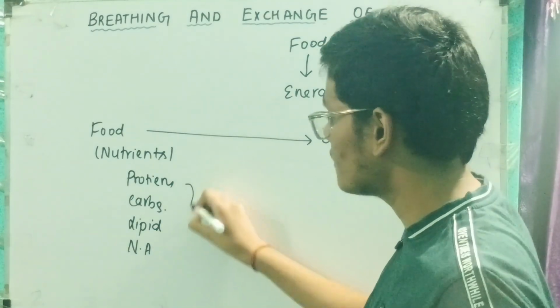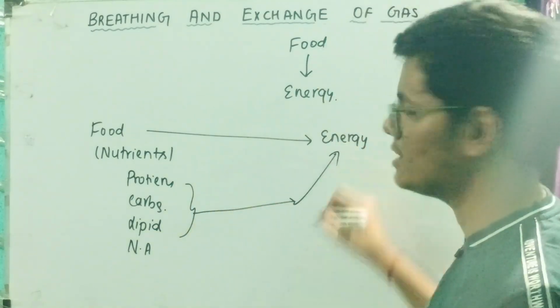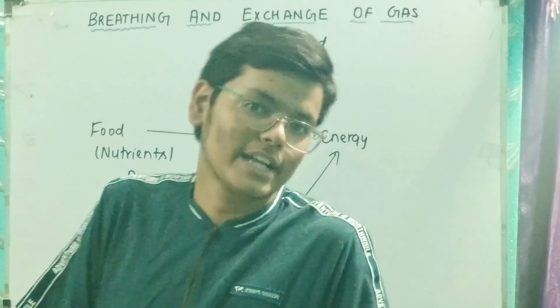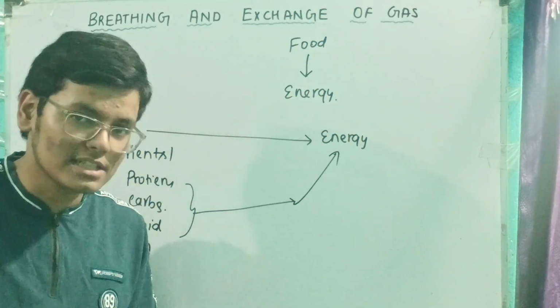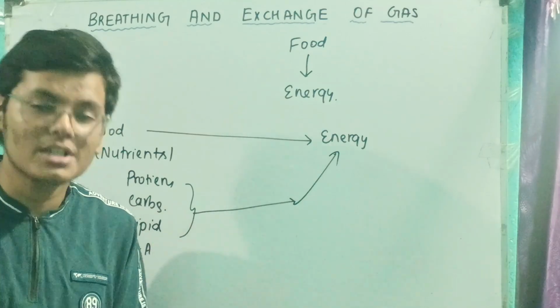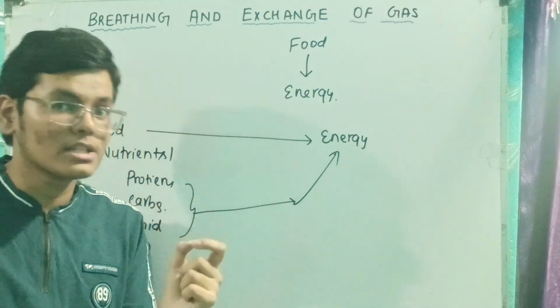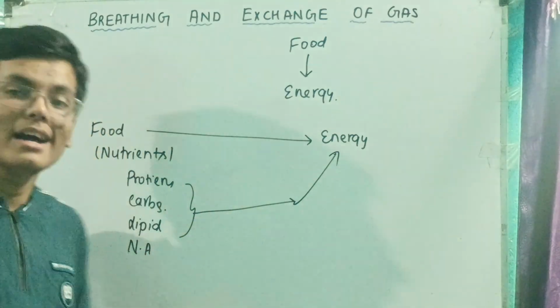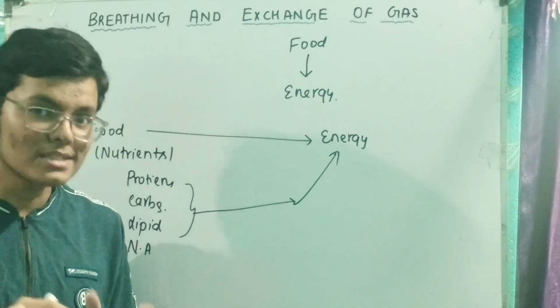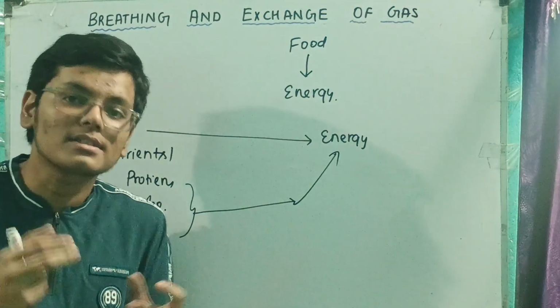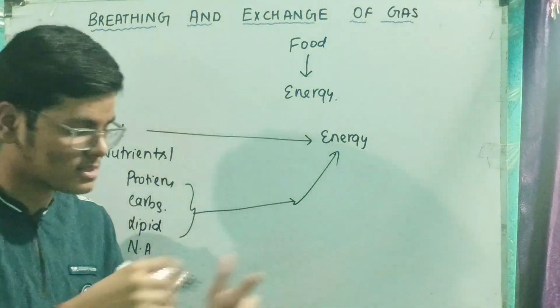We have to convert all of this into energy so that we can utilize them to do our day-to-day life processes. Now we have learnt about the structure, chemical nature, and we have learnt about the physiological functions of each and every nutrient in our series of biomolecules. But our today's goal is to identify what is the use of breathing in this process.